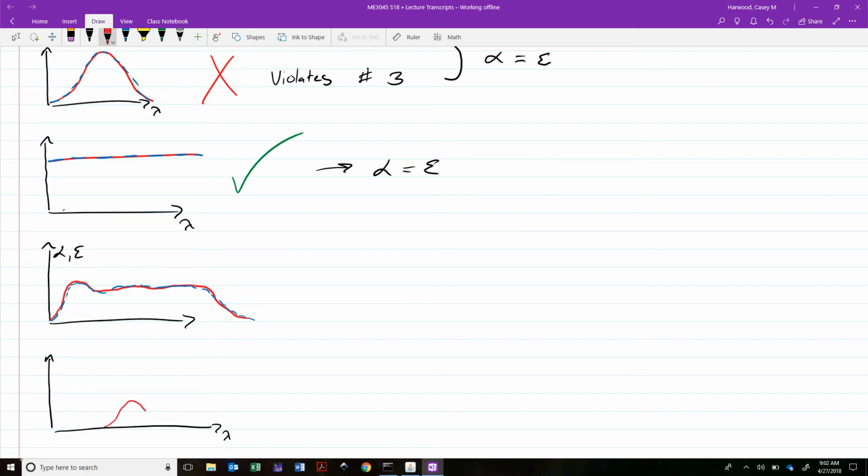Let's say this guy is our black body radiation at the temperature of interest. And say our spectral irradiation looks like this.